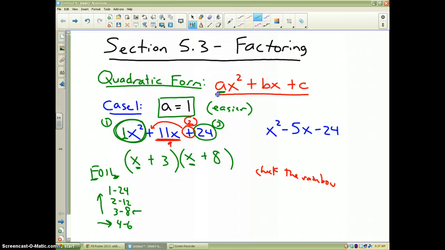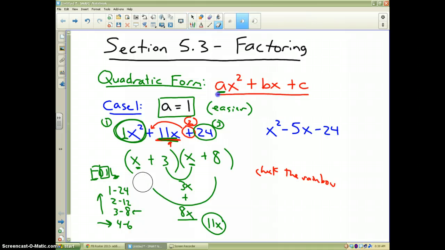Now I've got to check my rainbow again. 3 times x is 3x. 8 times x is 8x. This is actually checking my insides and my outsides in the word FOIL. F-O-I-L. O and I form the middle. Well, if I add these two together, you notice, oh wow, I get 11x, which is what I wanted for my middle term, and therefore I have now factored this problem correctly.